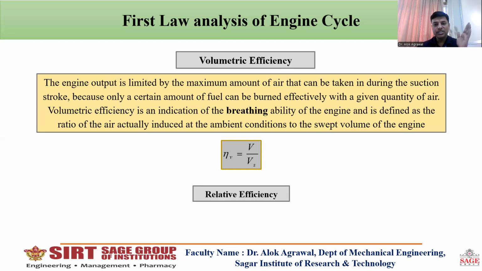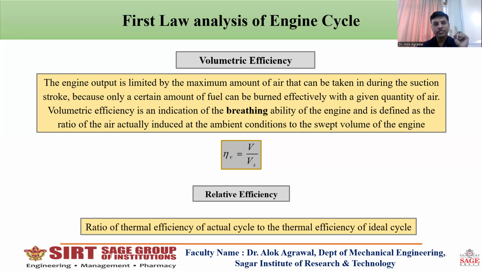Okay. Next and last one is relative efficiency. It is the ratio of thermal efficiency of the actual engine to the thermal efficiency of the ideal engine. We have seen the Otto cycle, the diesel cycle, and the dual cycle. If we are talking about the SI engine, we are talking about the Otto cycle. The maximum efficiency of the Otto cycle is 1 minus 1 upon r to the power gamma minus 1.